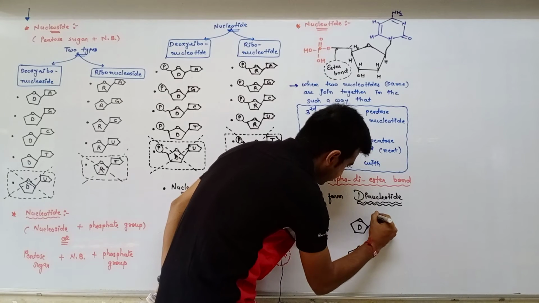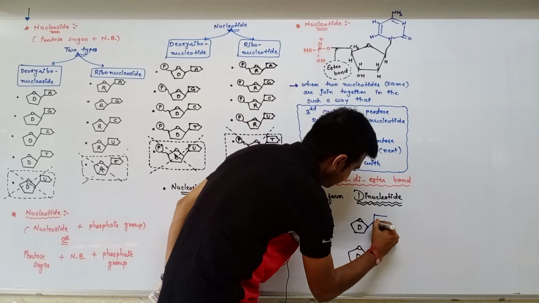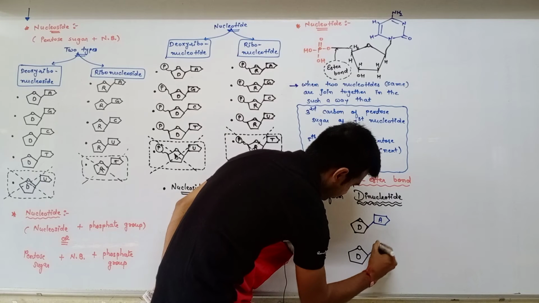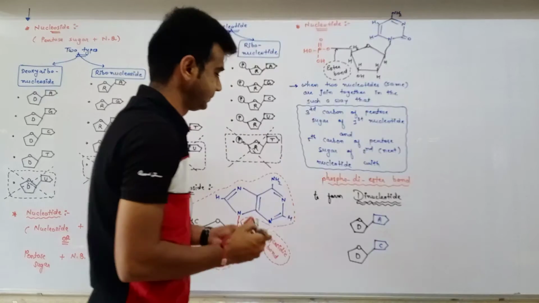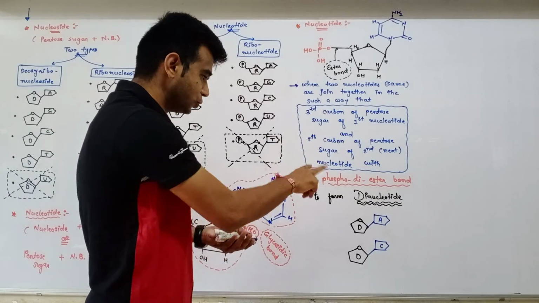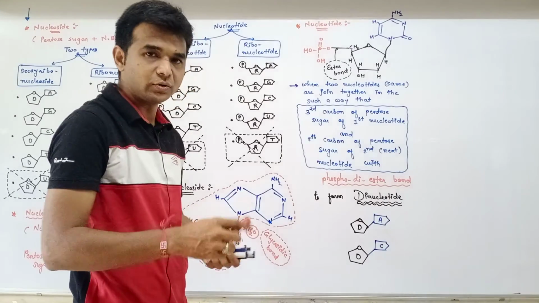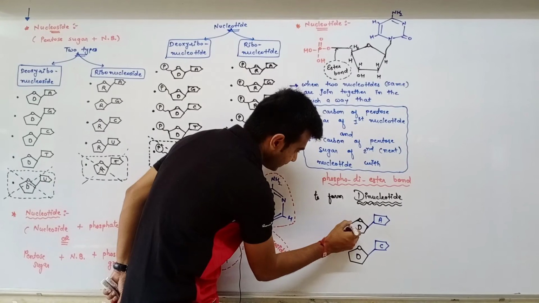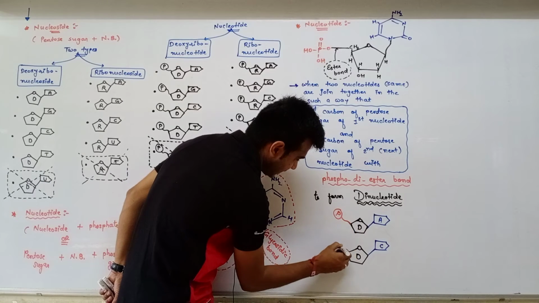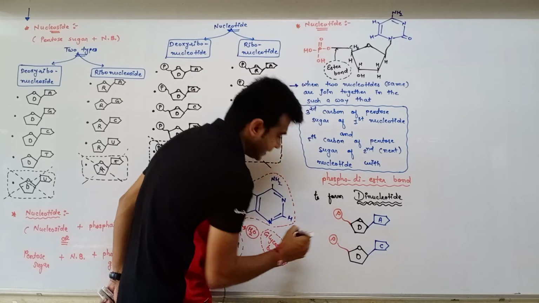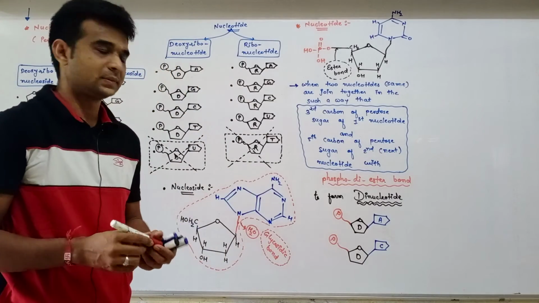Suppose here with deoxyribose sugar, adenine is there, and with this deoxyribose pentose sugar, cytosine is there. These two are known as nucleoside. Now, if I put phosphate group here and here, known as nucleotide.